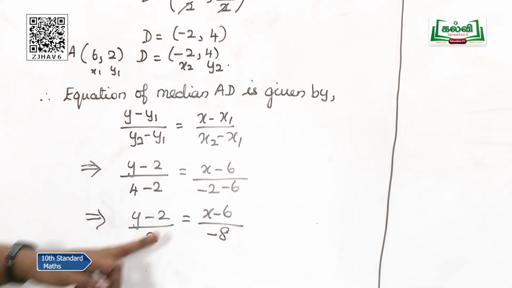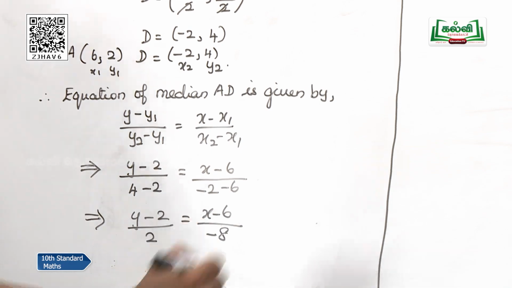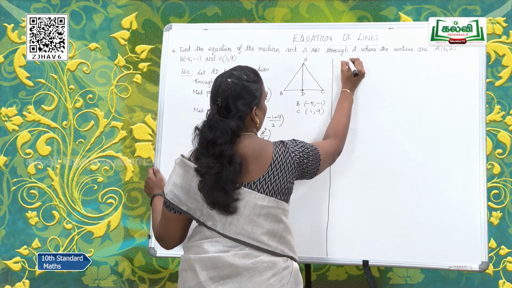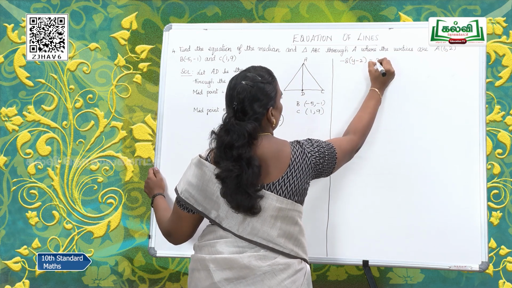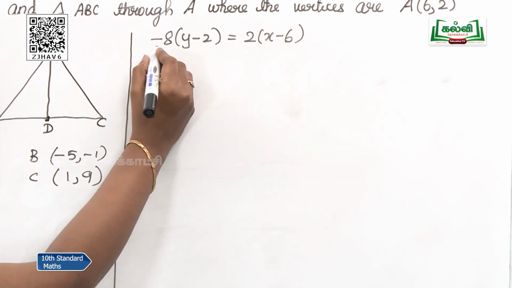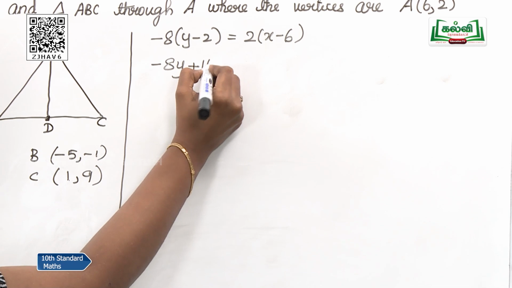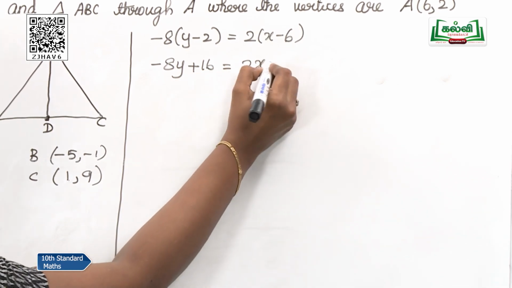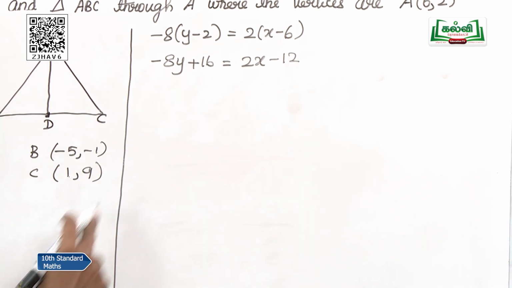Now I can cross multiply 2 to this side and -8 to the other side. So I get -8 into (y - 2) is equal to 2 into (x - 6). So I can multiply -8 inside. So I get -8y + 16 is equal to 2x - 12. Now here y is negative, so I will take it to the other side.